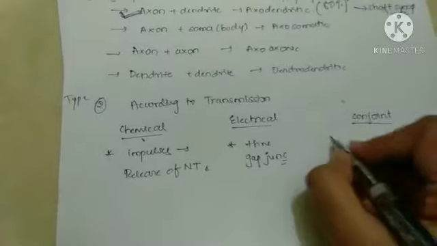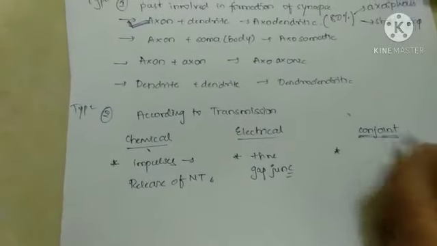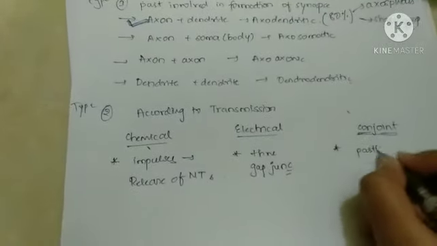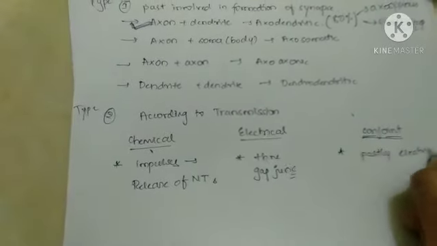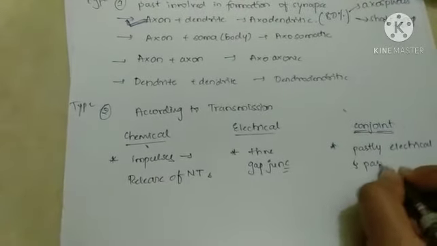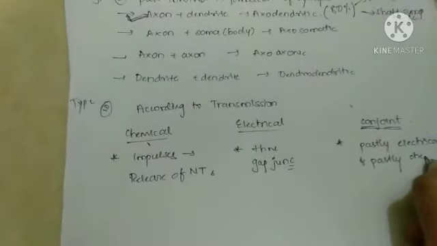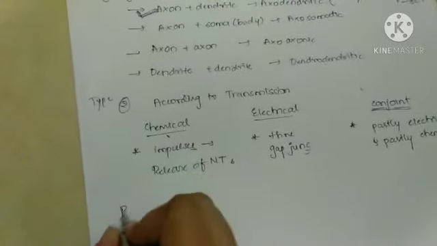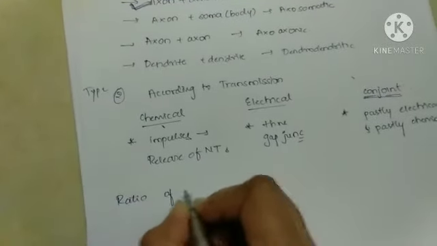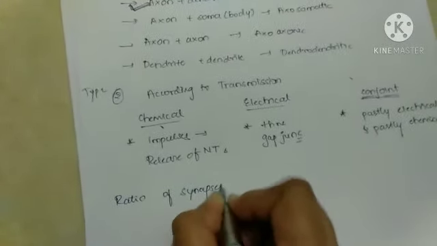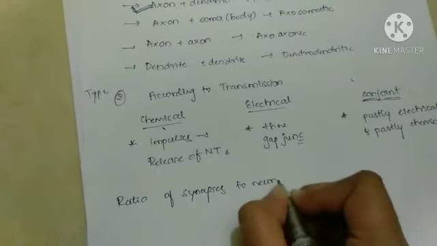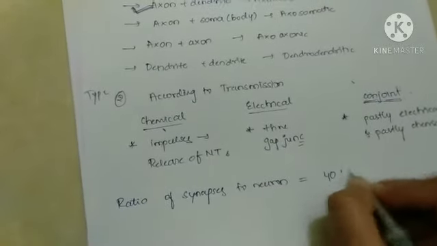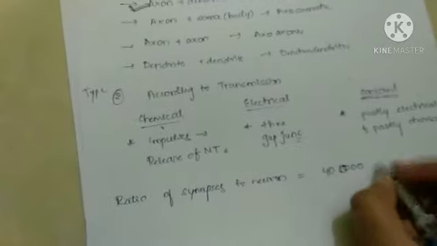And in conjoint means both, partly electrical and partly chemical. I want to say one more thing, that is the ratio of synapses to neuron is 40,000:1.